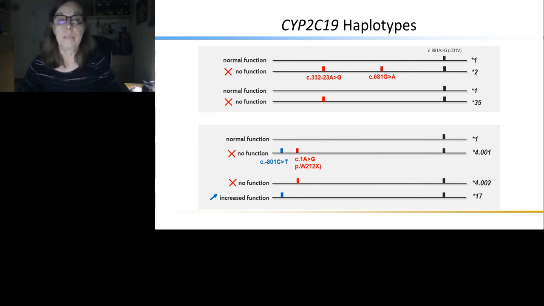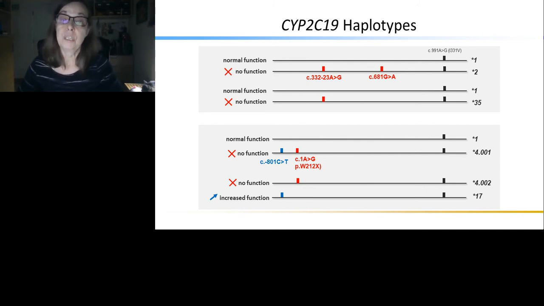Now in the bottom example, we have an allele that is called a star 4. And here there is an A to a G SNP, and that affects the translation start codon. Now this SNP is often accompanied by the SNP shown in blue, which is in the upstream region.